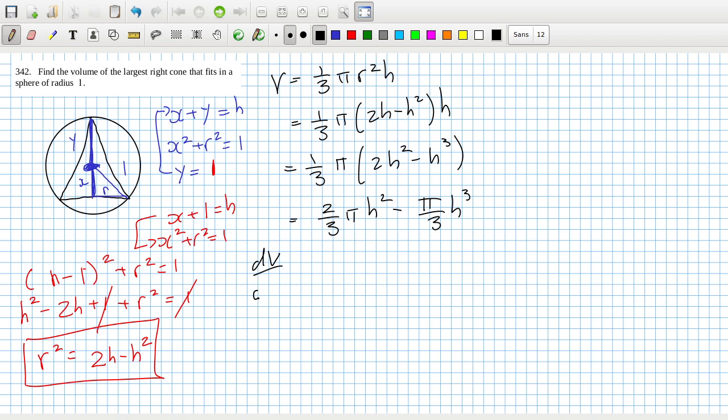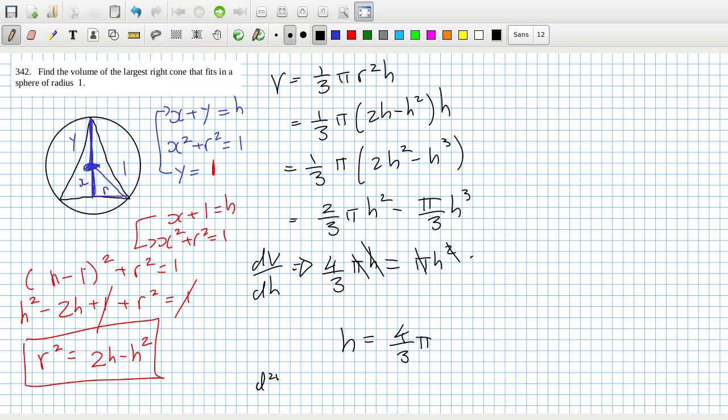So dV/dh would equal 4/3 pi h minus pi h squared. And that needs to equal 0, which means the pi's cancel, h can't be 0. So you get h is 4/3.